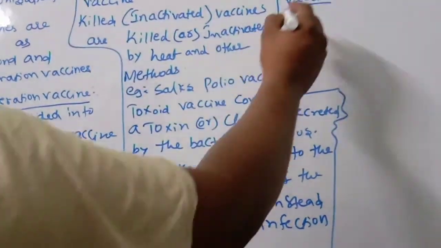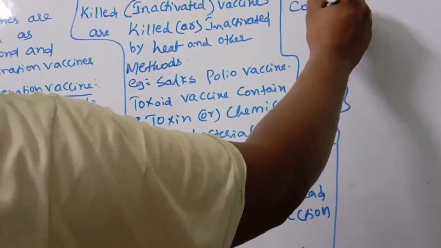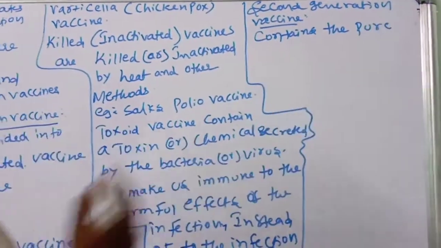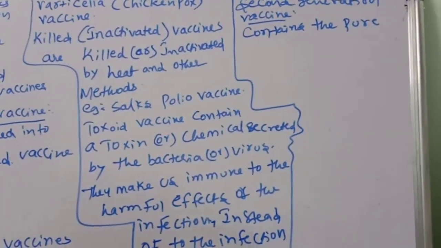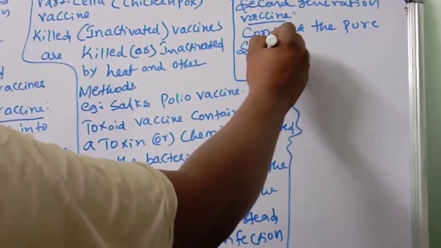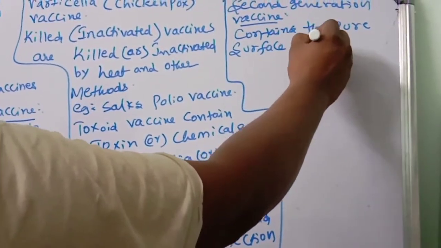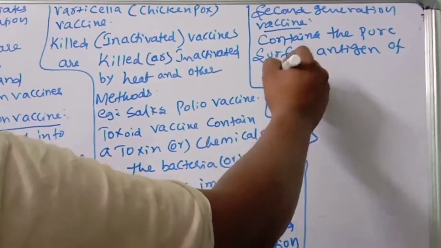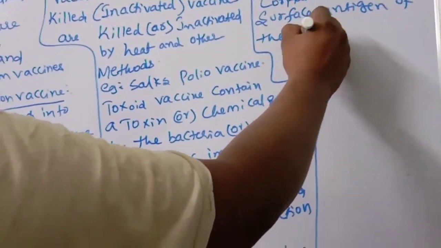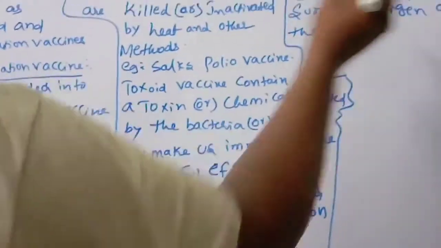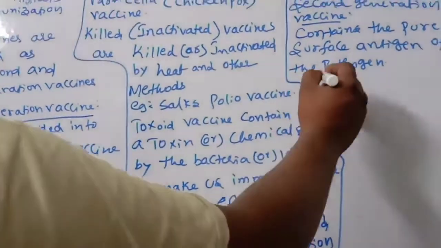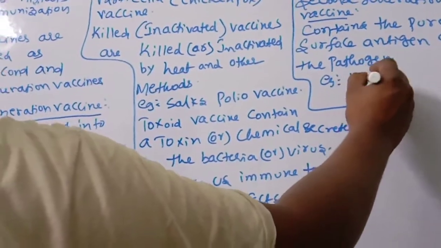It contains the pure surface antigen of the pathogen. This is important. Surface antigen of the pathogen. Example, hepatitis B.